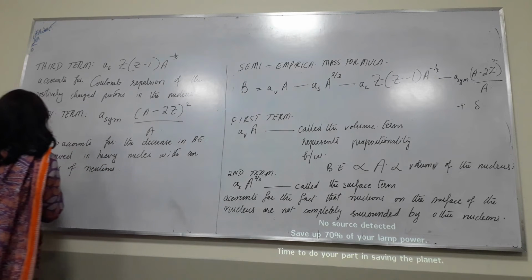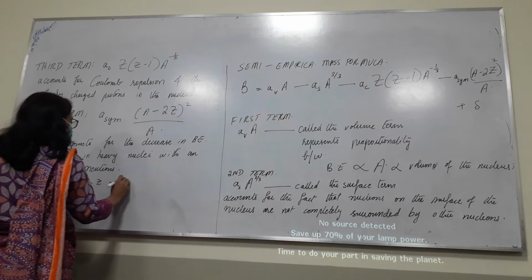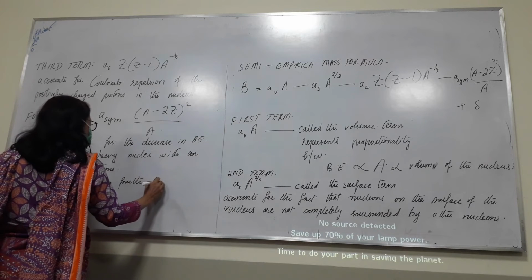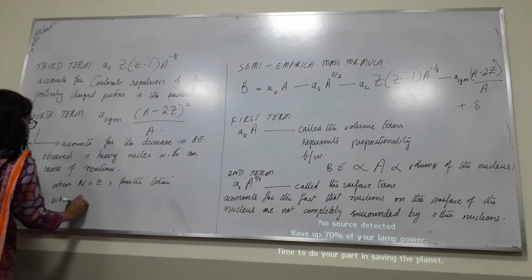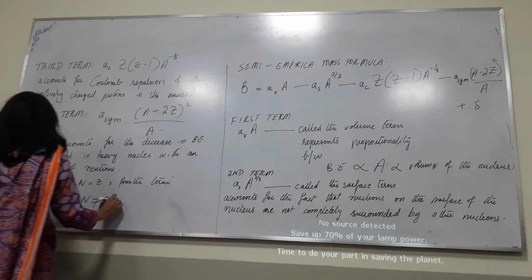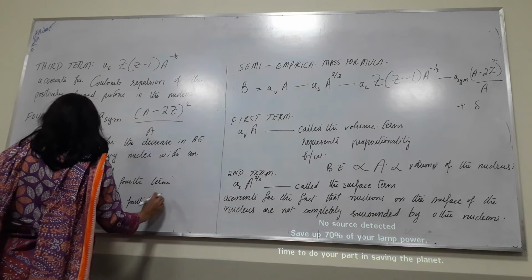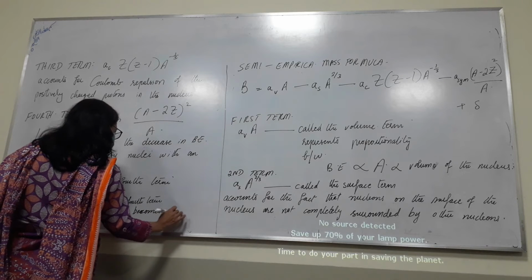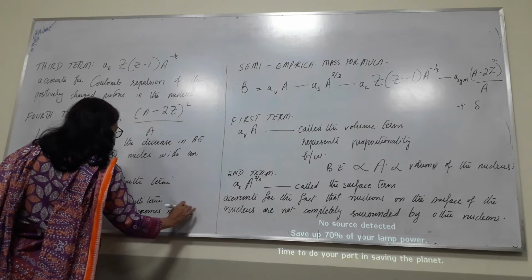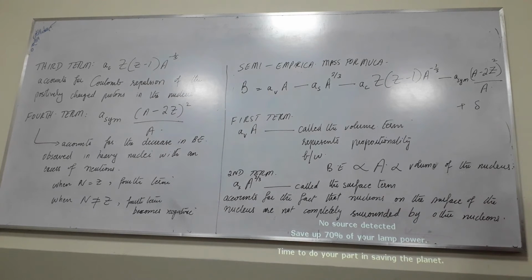So, there are cases when N is equal to Z, this term is equal to what? And when N is not equal to Z, this term is equal to, this term becomes negative, and in the first case this term becomes positive.